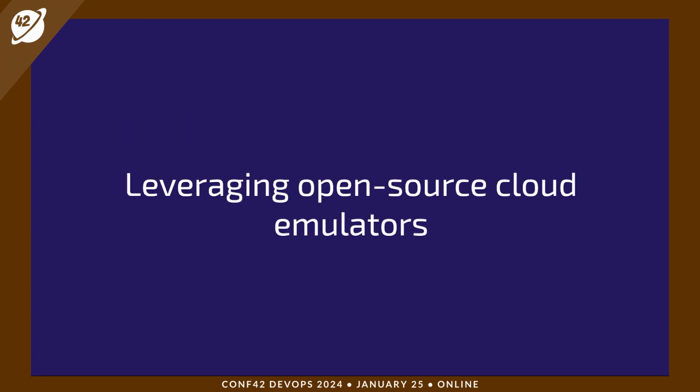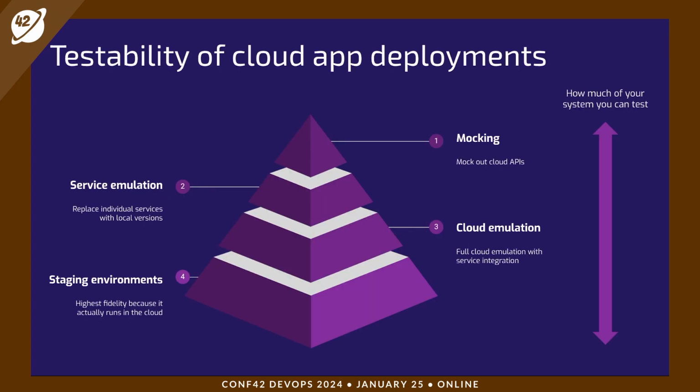So how do you go about building a chaos test suite for your cloud application? The answer almost lies in the testability of your cloud application deployments. As you can see at the top of this pyramid, we have the classic strategy of using mock libraries. With mocking, you can scope the tested component in unit tests, and you can implement the same interface as the real class to allow the predefined behavior to be invoked.